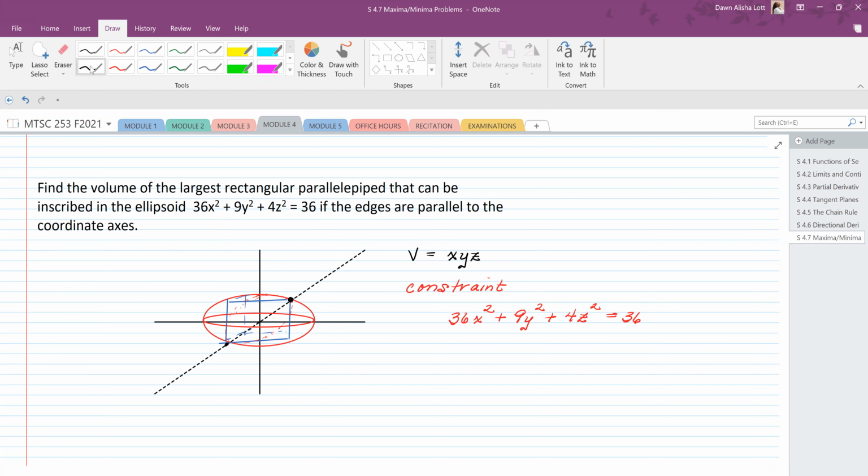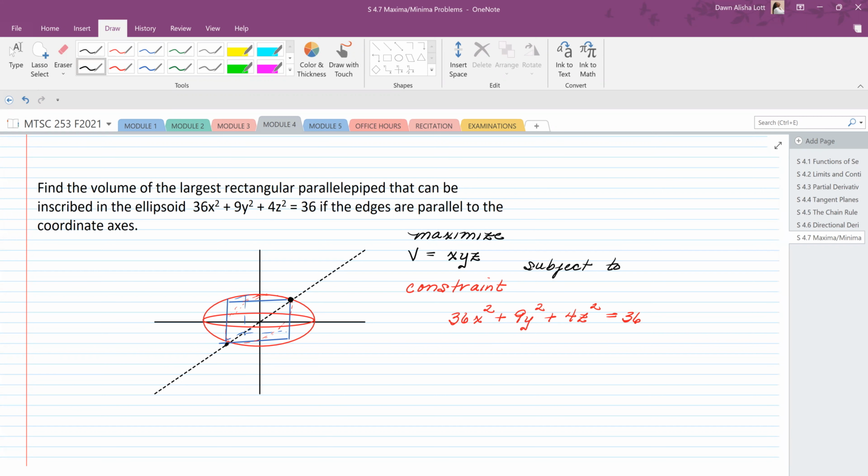And so we are trying to find the largest. So we want to maximize volume subject to that constraint.